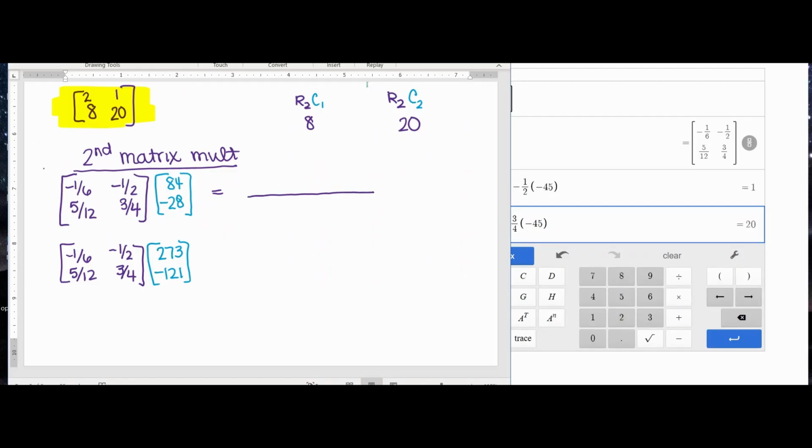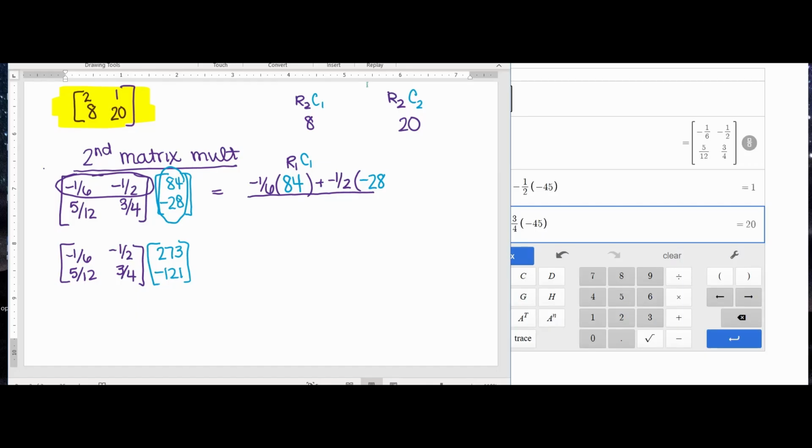because here we're going to take row 1 times column 1. Means we're going to have negative 1/6 times 84 plus negative 1/2 times negative 28.